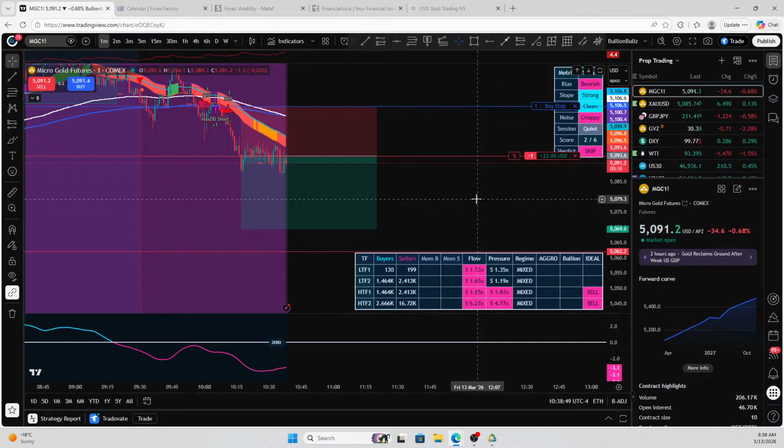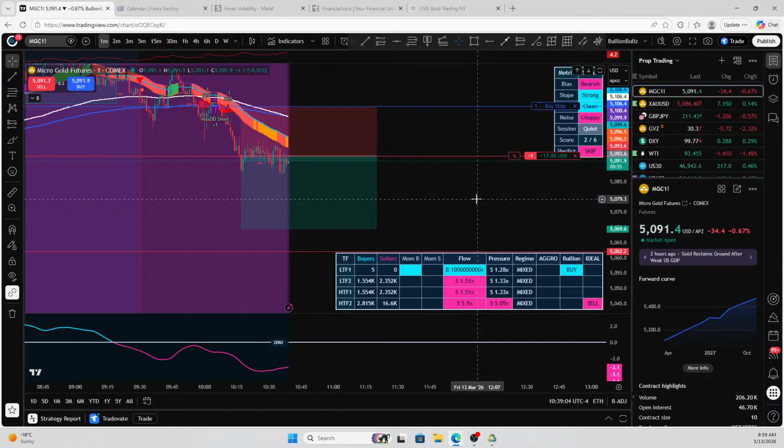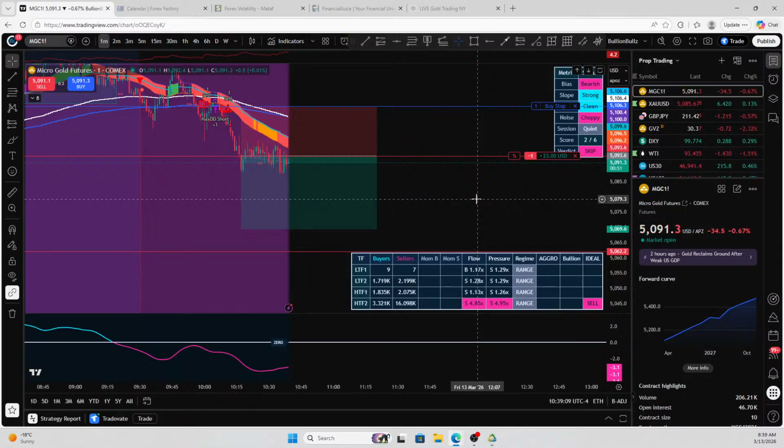Remember, the pressure needs to continue pushing up for us to know that the momentum is to the downside if it's pink. In this case, it's pink.